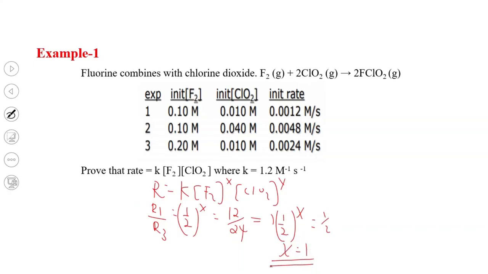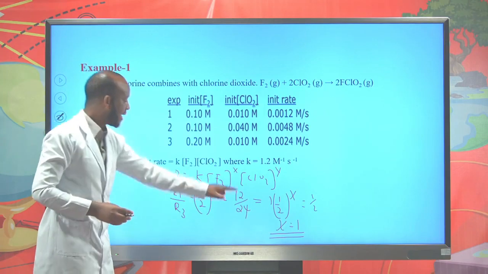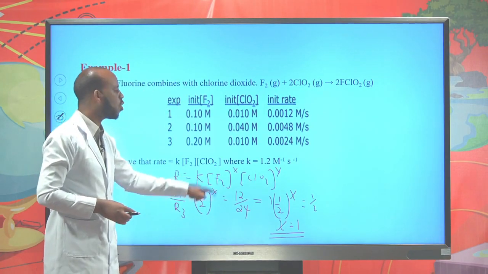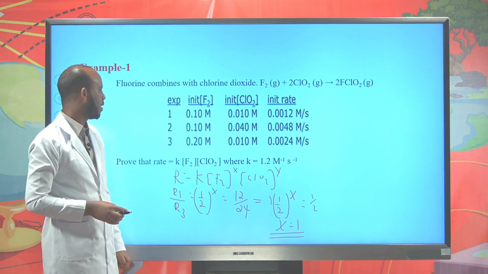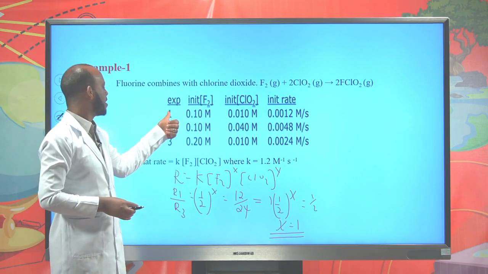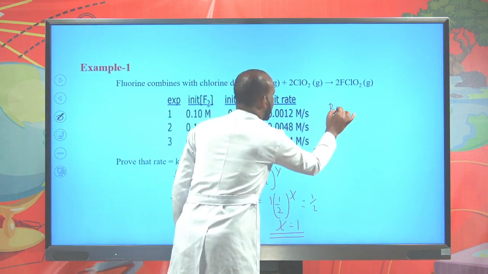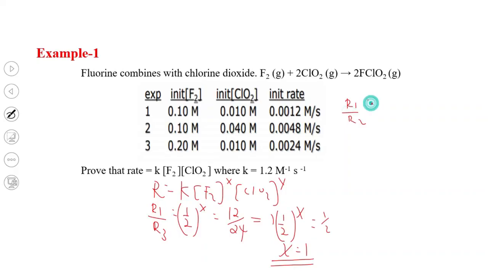To get the value of Y, vary the concentration of ClO2 while keeping the concentration of F2 constant. Taking rate 1 and rate 2, R1 divided by R2 equals 1 over 4 to the power Y, which equals 12 divided by 48.